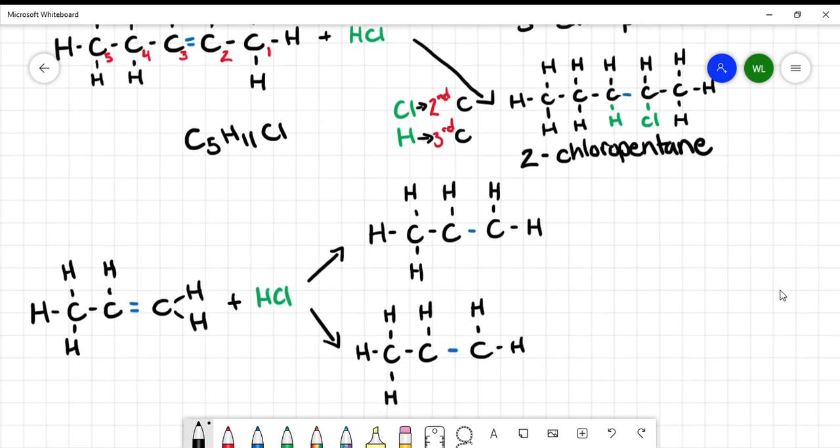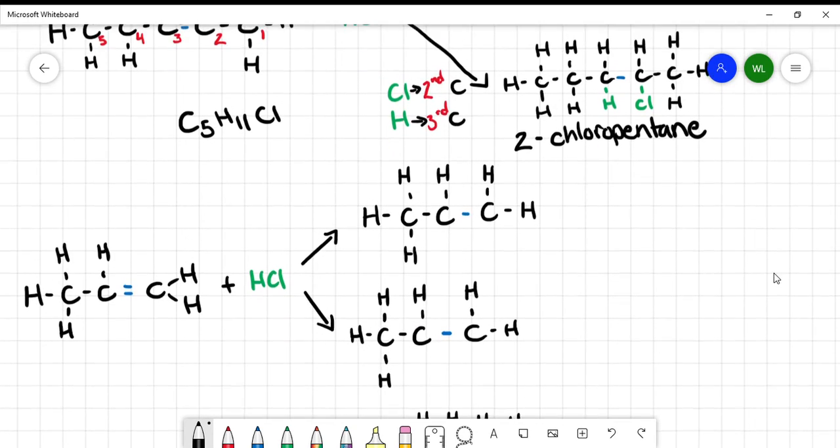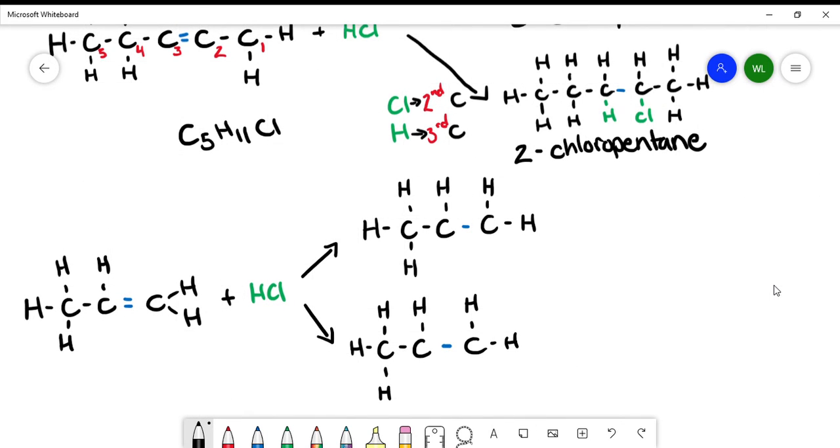So let's go over some other addition reactions with 2 different products. In this particular example, we start off with propene, and we are adding hydrochloric acid to it. So in the top example, our first carbon will get the hydrogen, and our second carbon will get the chlorine.